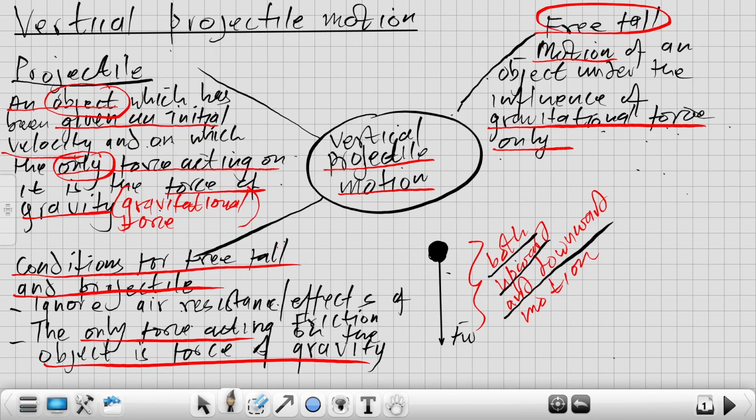But what about acceleration? Because it is in free fall, it is experiencing only the force of gravity. I can have my g, the gravitational acceleration, which equals 9.8 meters per second squared.